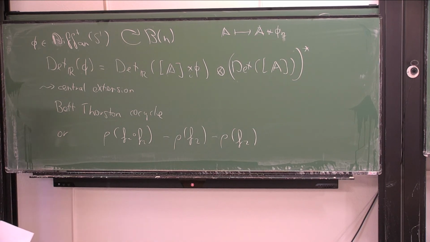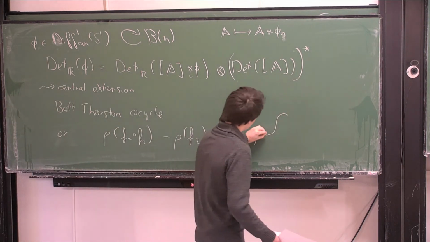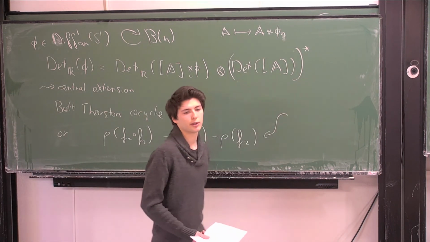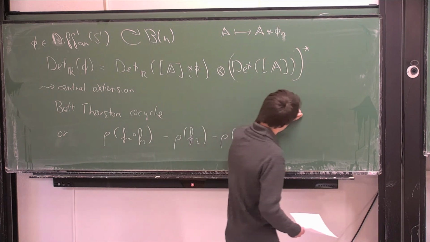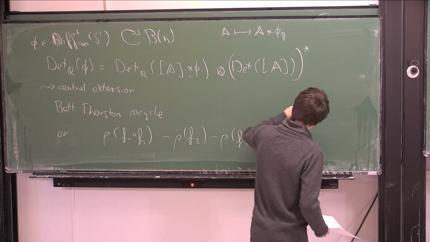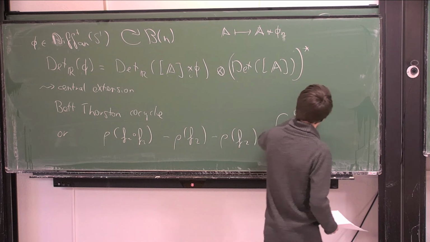And then what you can show is that this one does not appear for one-dimensional genus zero modular functors by some argument, which I can only say in words.